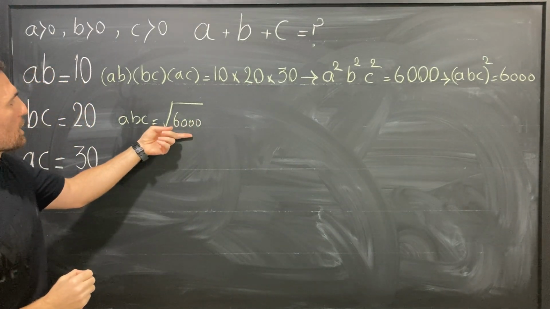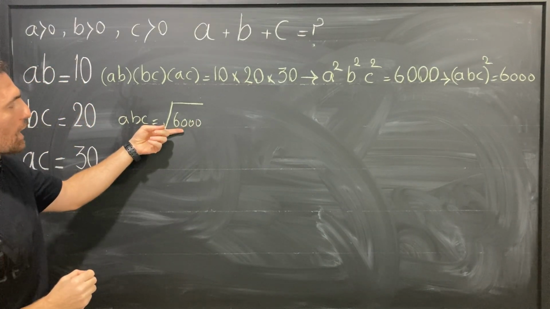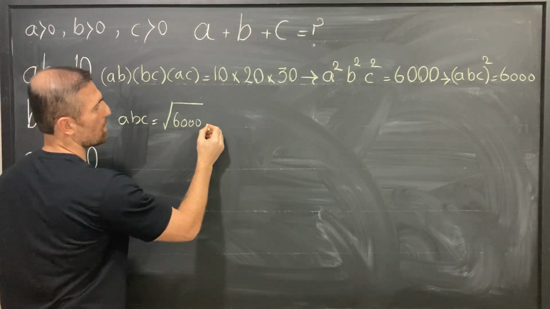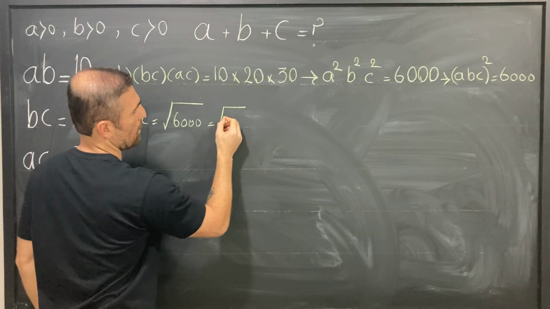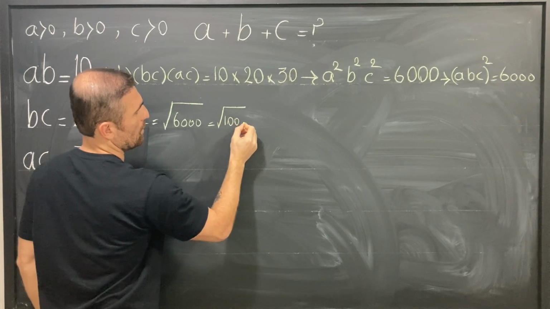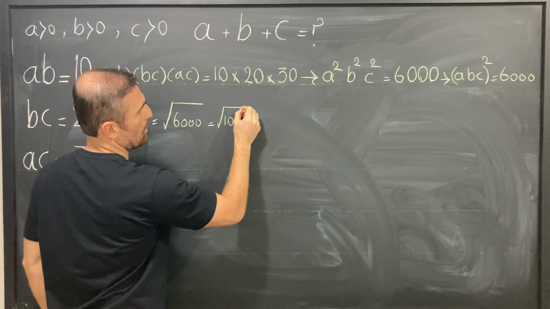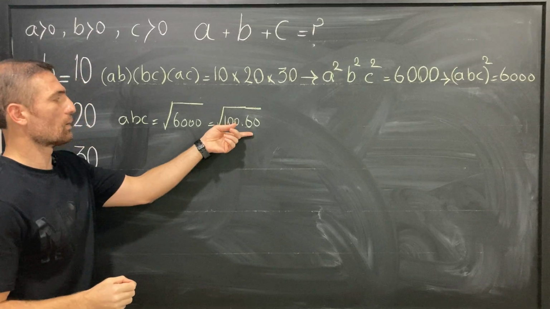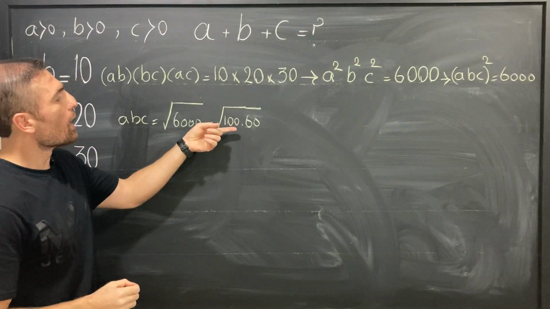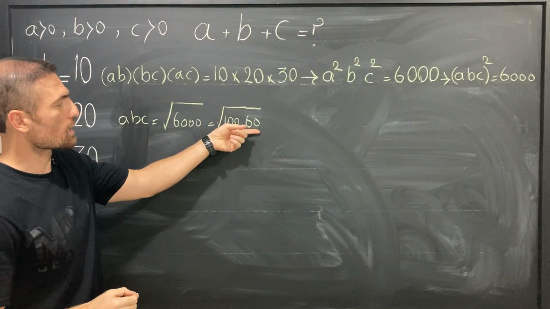Now, how can we simplify this one? 6,000 can be written as a product of two numbers, 60 and 100. That's right. Alright, how can we simplify this one? Square root of 100 times 60.